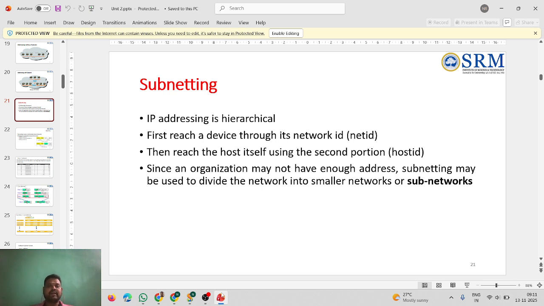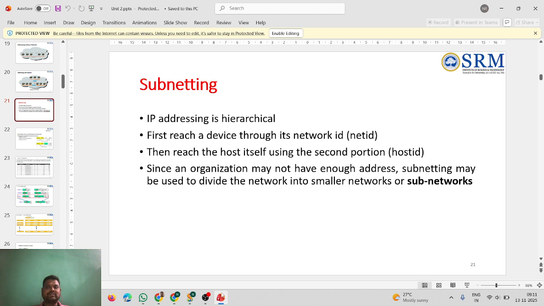Subnetting is a type of hierarchical addressing scheme. The concept of subnetting is to divide a large network into a number of small subnetworks. For example, if you have a business running in multiple geographical locations of a city or state, say four branches, and you have acquired only one public IP address, it needs to be divided among the four branches.